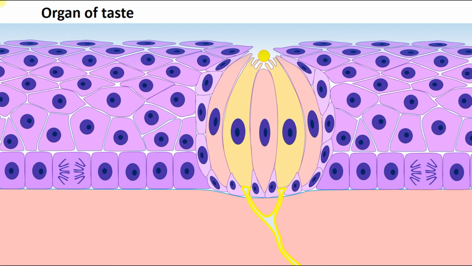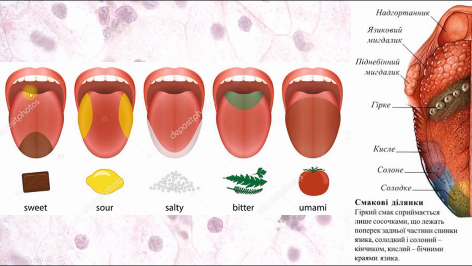It's the organ of taste. And there are four main types of taste: sweet, sour, salty, and bitter. And also in recent studies, a fifth type of taste has been described. It's the umami type, and this type of taste usually is present in different polysaccharides and in other tasty molecules which aren't sweet, sour, salty, or bitter.